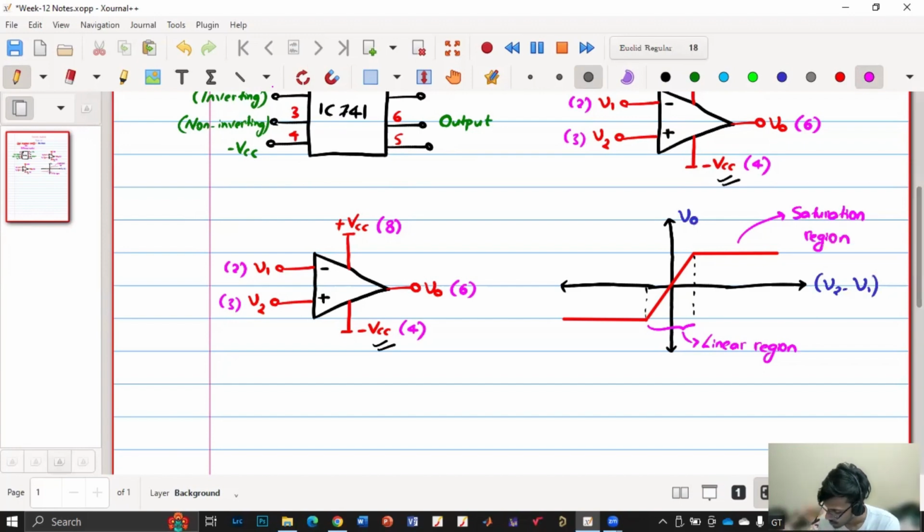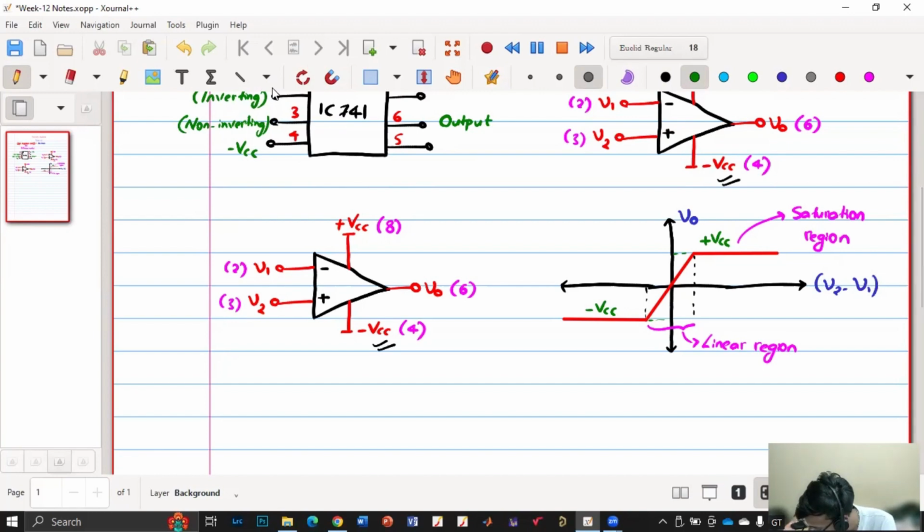Okay. Now, what is this maximum voltage value? This is plus VCC, the positive side of the power supply that we are giving to the op amp, and this is minus VCC. So who decides this linear region? We'll come back to that point.